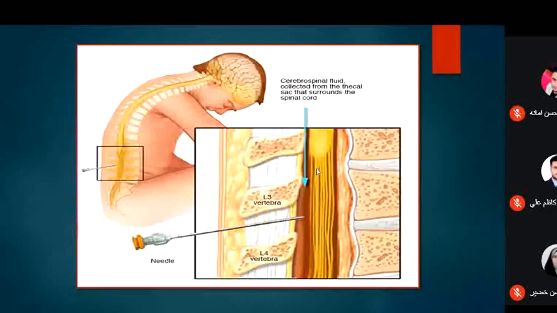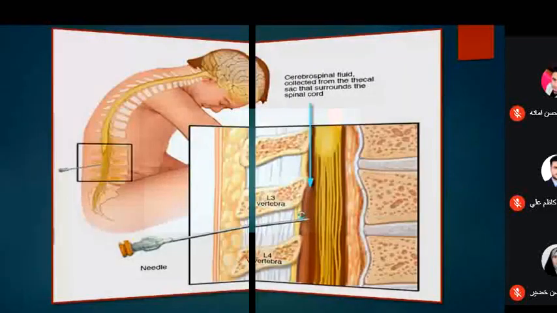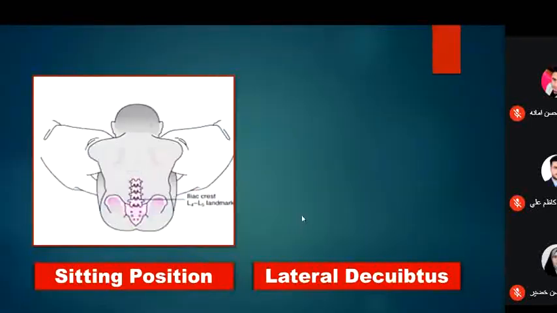Another slide showing the sitting position or the lateral decubitus position. In pediatrics, we can use both positions during the LP, and this is determined accordingly. We can do the sitting position or not, starting from the neonatal period.